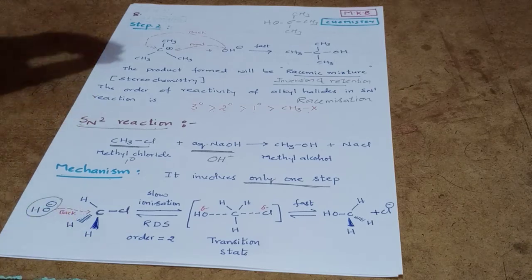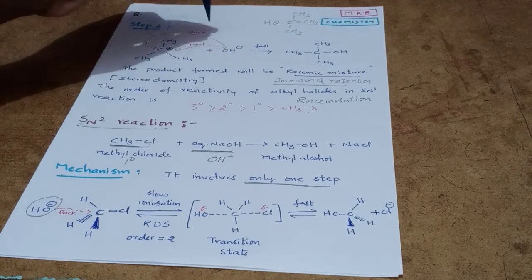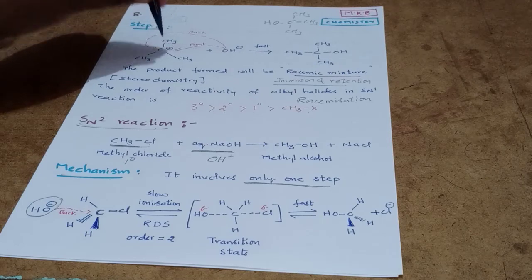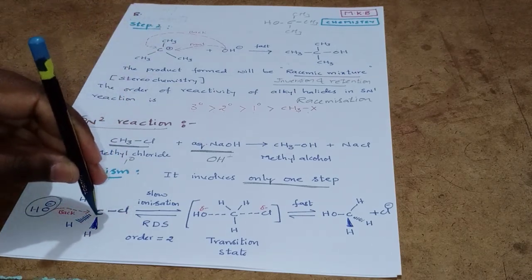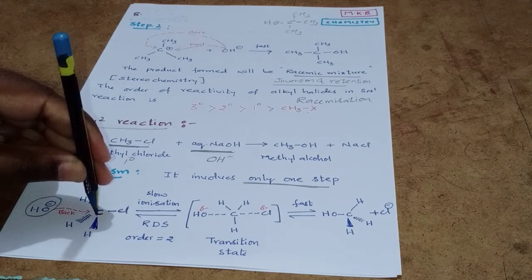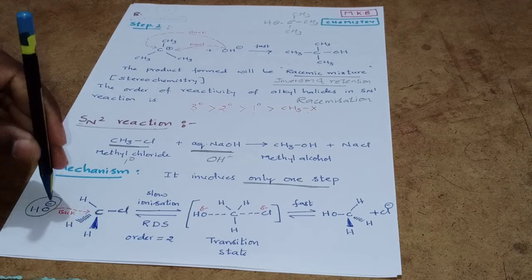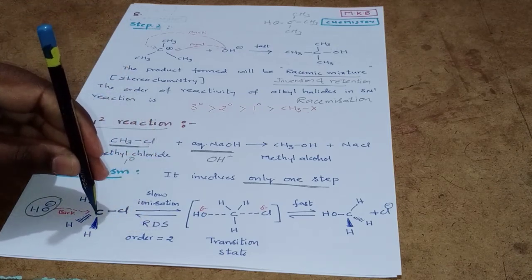But in case of SN1, there is a possibility of front side and back side because of the planar structure of the carbocation. But here this is not a planar structure, this is a tetrahedral structure. So the chance of attack is only from back side but not from front side. Why is it not from front side?